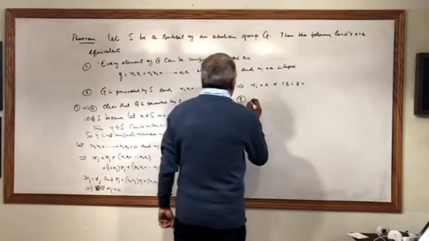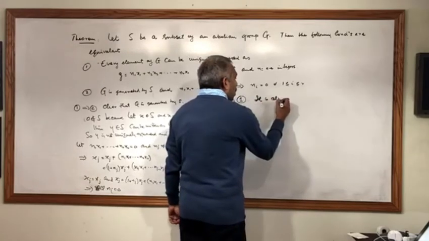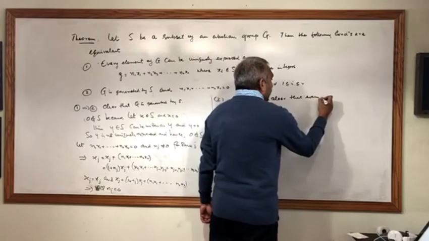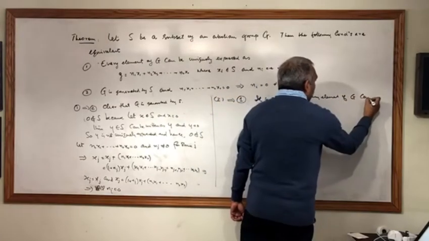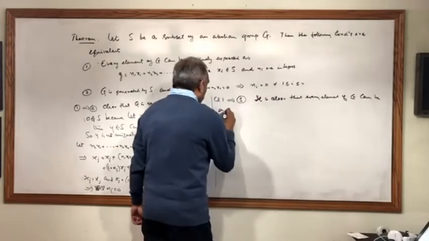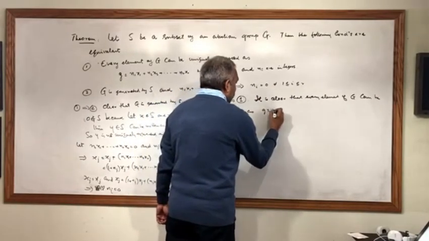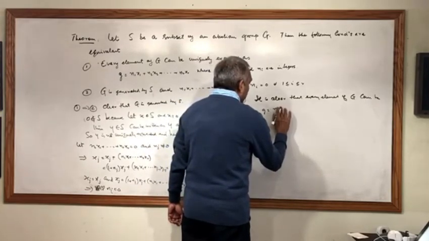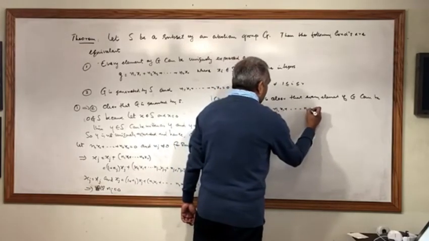So it's clear that every element g of G can be expressed as g equal to n1x1 plus ... plus nrxr.